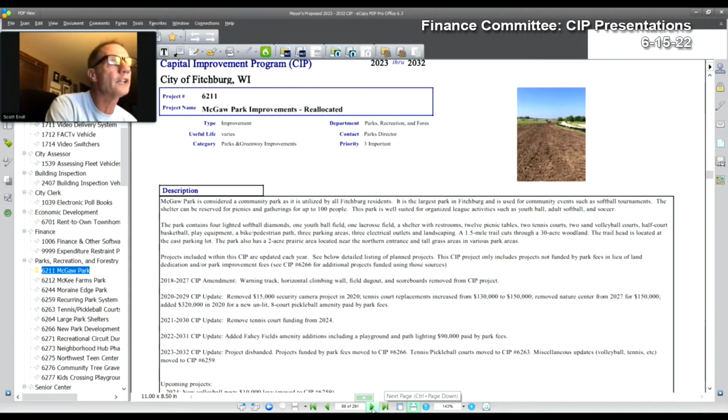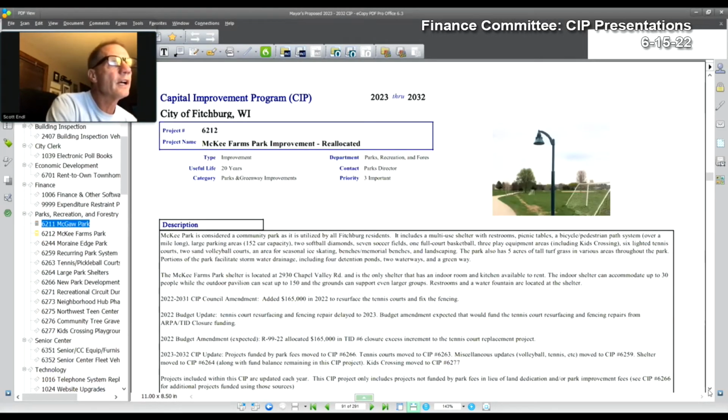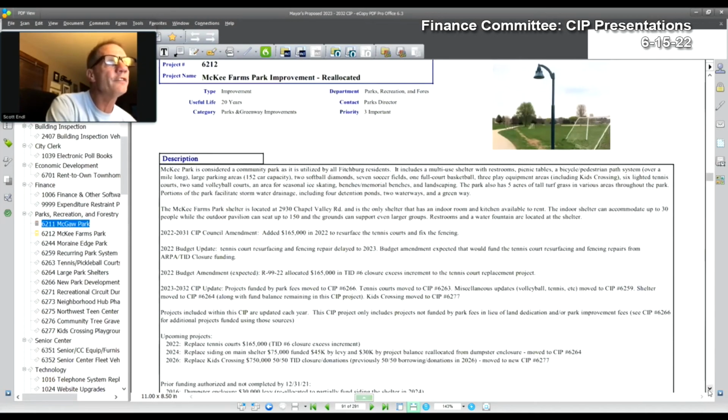So I think what I'll do is move right to 6212, McKee Farms Park. The big thing here is they again identified that projects are being moved to a park-funded CIP 6266, tennis court CIP miscellaneous.